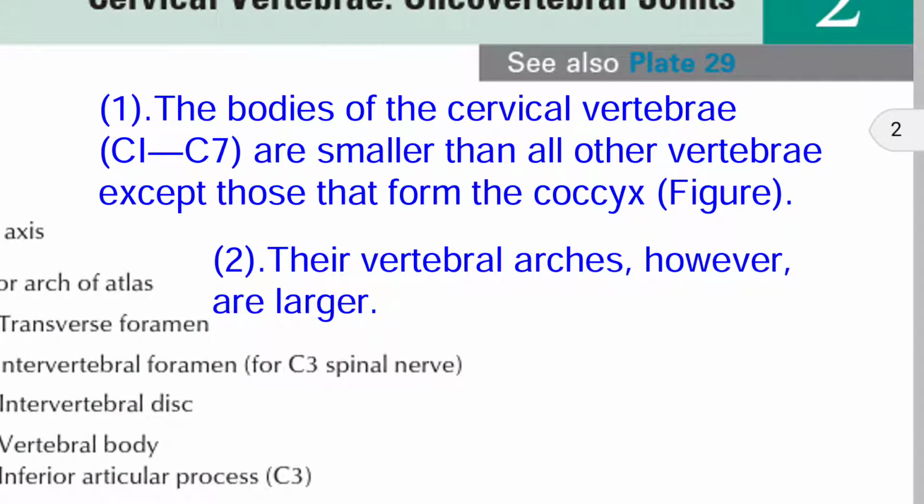The first point is like this: C1 to C7, we are talking about the bodies of the cervical vertebra, and these cervical vertebrae have smaller bodies when compared to the rest of the vertebral bodies.